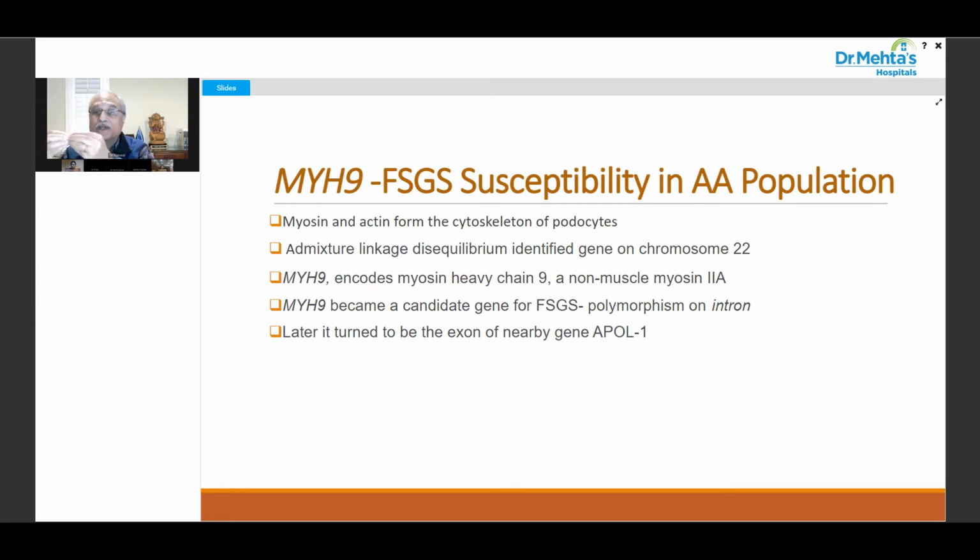The defect in APOL1 was initially thought to be in the MYH9 gene, and therefore MYH9 was thought to be the susceptibility gene. Well, as it now turns out, APOL1 is the actual gene, and MYH9 has nothing to do with susceptibility to focal sclerosis.